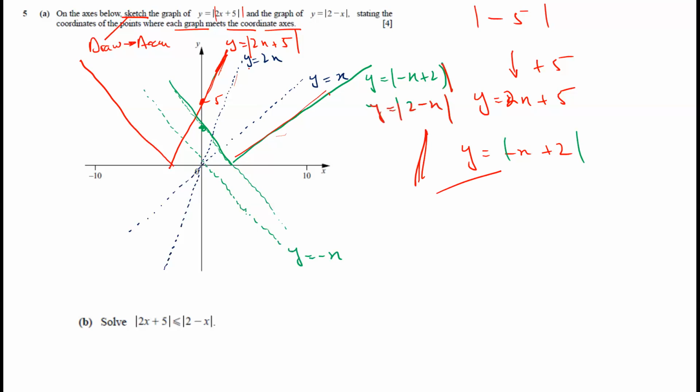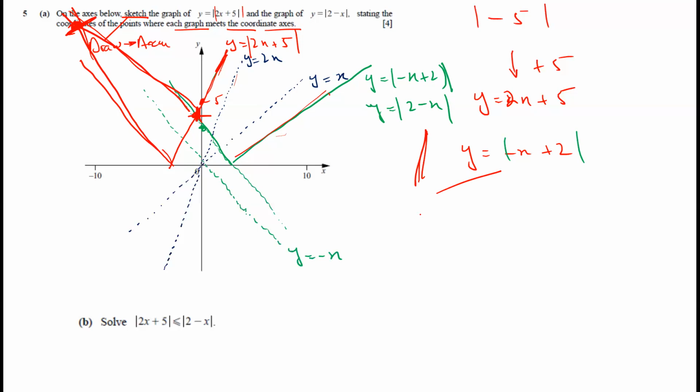But over here, this line is steeper. So y equals 2x is steeper and this line will intercept somewhere. Maybe this is the point where it is intercepting. Now we need to find out these two intercepts.